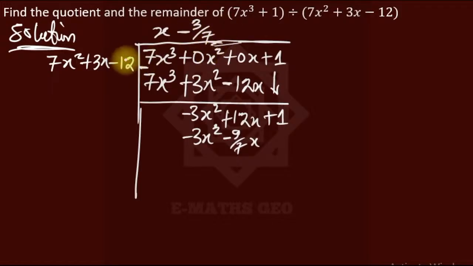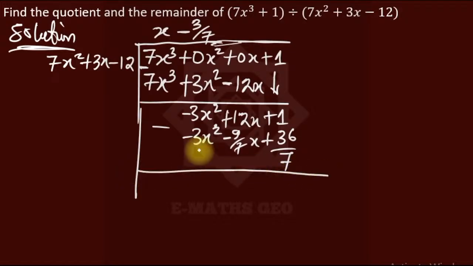Minus 3 over 7 times minus 12 is plus 36 over 7. So let's subtract. So this minus this is 0. 12x minus 9 over 7x is 12 times 7 is 84, 84 plus 9, that is 93 over 7x.